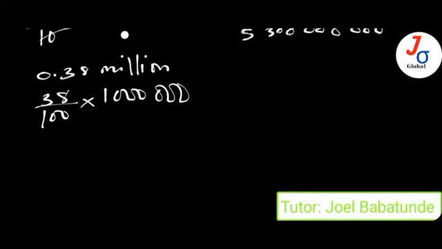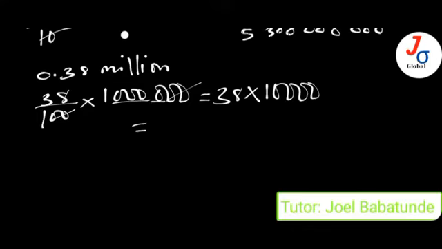All right, so this is 1 million, which is 6 zeros. And so I'm going to cancel out 2 zeros against 2 zeros. So I'm having 38 divided by 1, which is 38, multiplied by 10,000, that's 4 zeros.